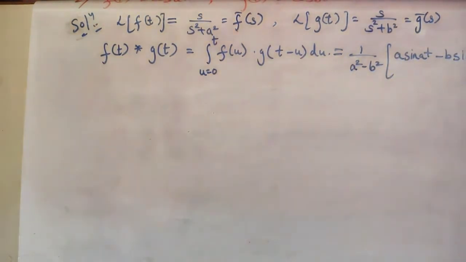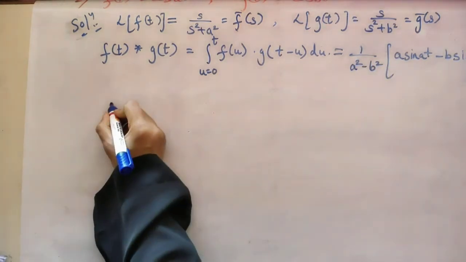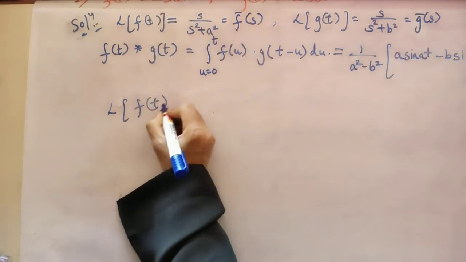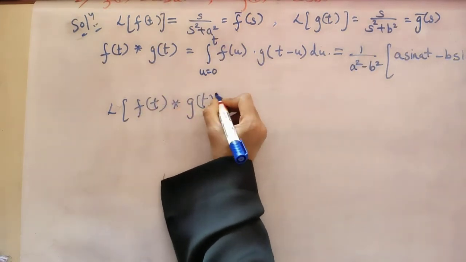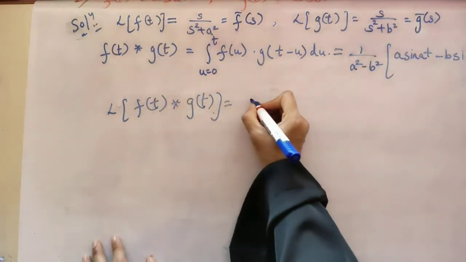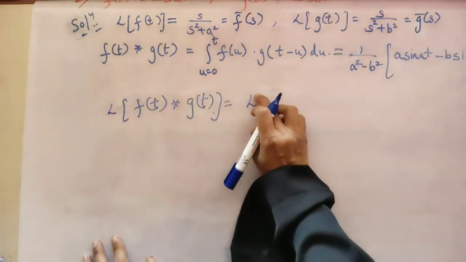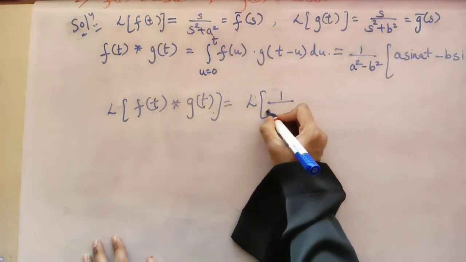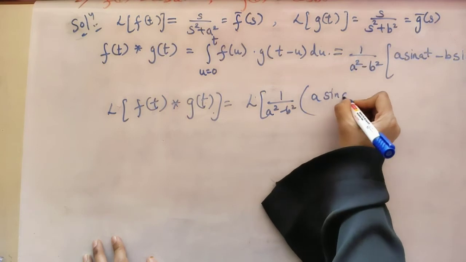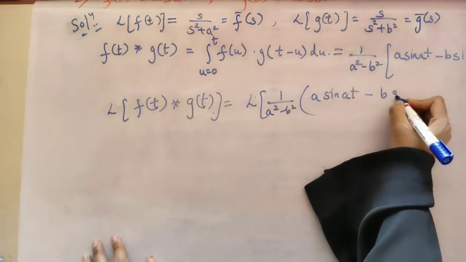Okay. Now we'll take the Laplace transform for this. The Laplace transform for f of t star g of t is equal to what? It should be the Laplace transform of 1 divided by a square minus b square in the bracket a sin at minus b sin bt.